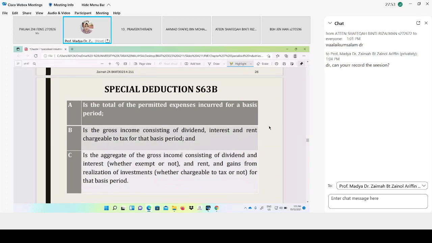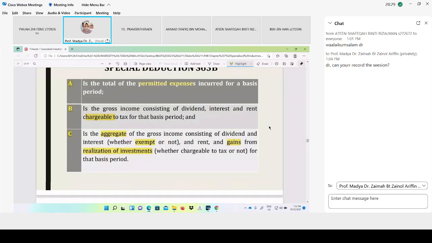A is the permitted expenses, B is the chargeable income, the gross income which is chargeable, and C is the aggregate income, including the exempt income and also gain from realization of investment. So the items for A, B, and C are similar to the ones you have in the investment holding company.